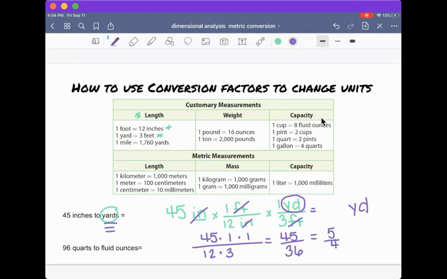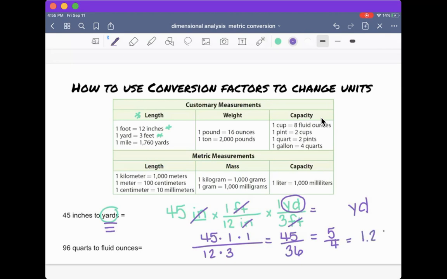You could leave it in the fractional form, or you can convert it into decimal form. Honestly, it doesn't matter to me. Whatever you want to do, both would be counted correct. Most of the time in chemistry, I can tell you, we usually go ahead and convert it to the decimal form, only because in science, we usually just use the decimal form more often, okay?